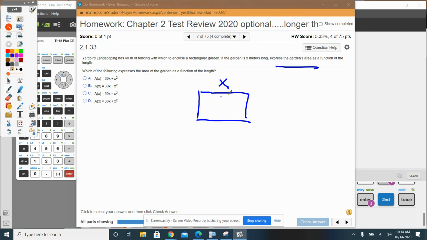Well, if this is X and this is X, this is the part that's kind of tricky. I have 60 meters total to use, all of it. But if I cut it right here, I'm going to use 30 meters on this side, and 30 meters on this side, right? So what I'm going to use here is 30 minus X. Why is it not 60? Because I'm going to use the other 30 here.